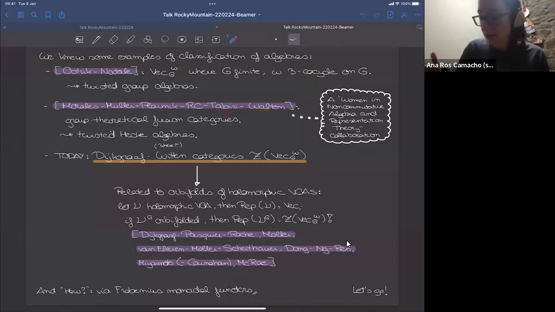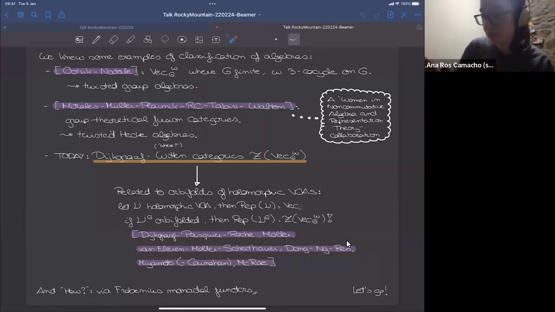We performed a similar classification as Ostrik and Natale, but instead of in Vec_G^omega, in another kind of category, really not the same: the group-theoretical fusion categories. In this case, we had a similar algebra to before, something that we baptized twisted Hecke algebras.